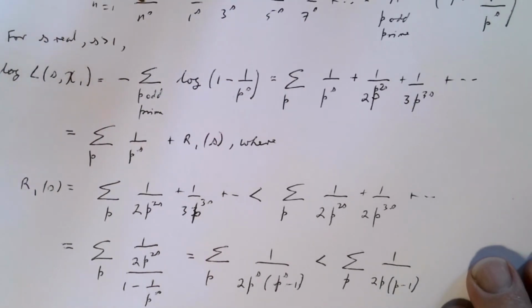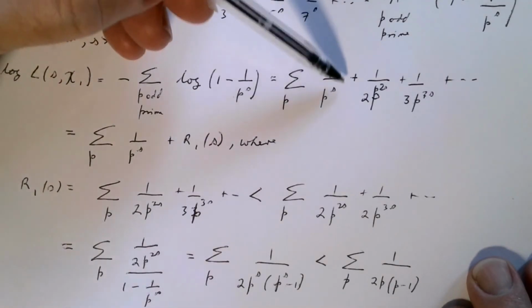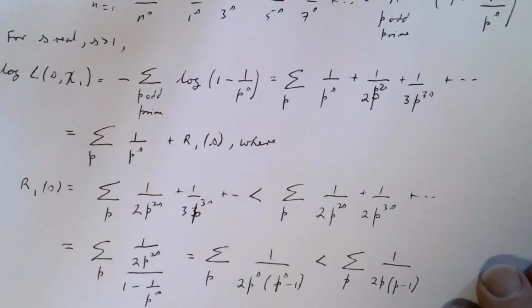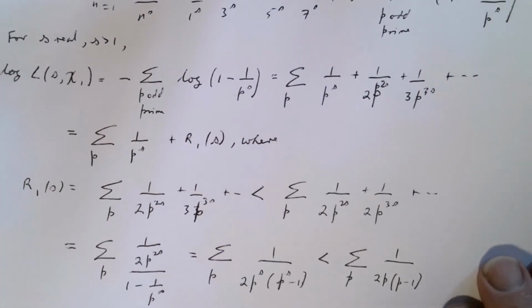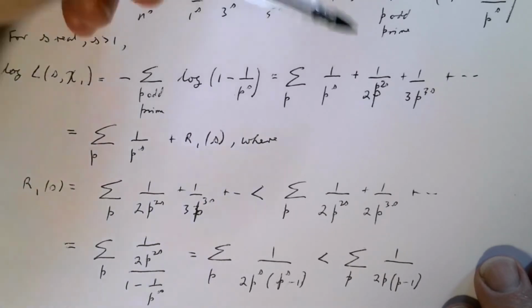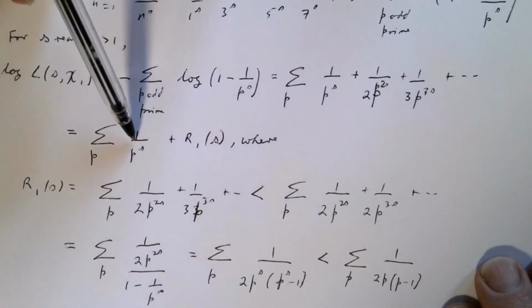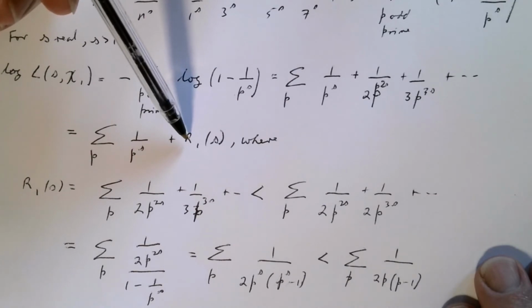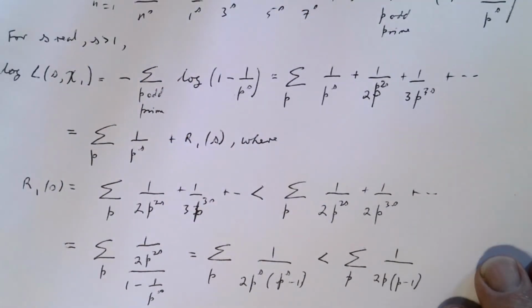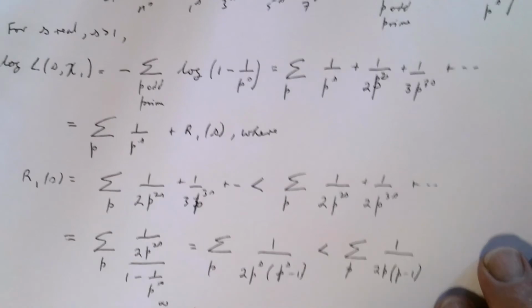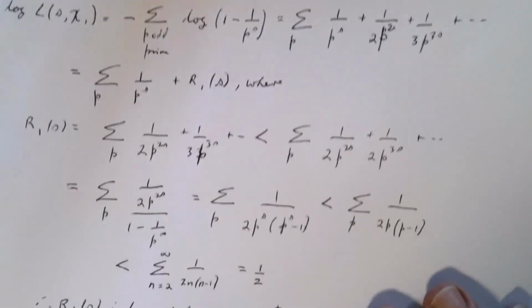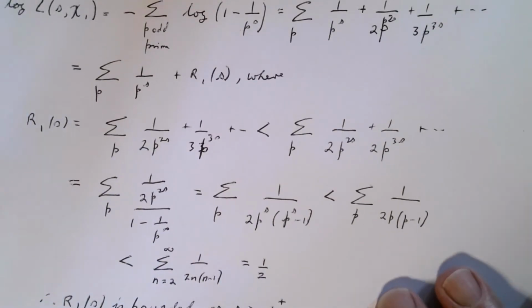Now what we do is we're going to peel off, again by analogy with what we did earlier when we were looking at sigma 1 over p, the first term, plus I get some remainder. I get the tail of this infinite series. Now I want to look at the tail and see if we can get some control over it.